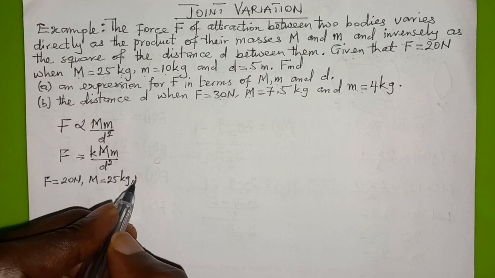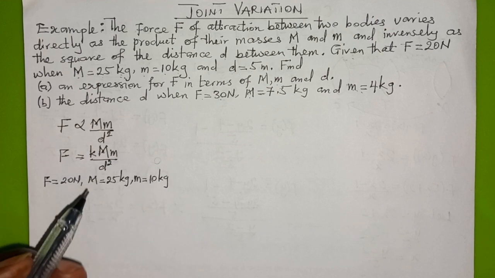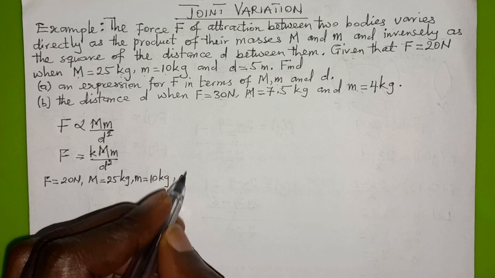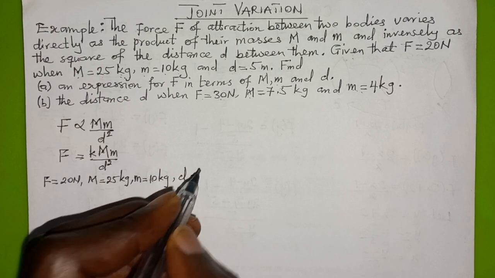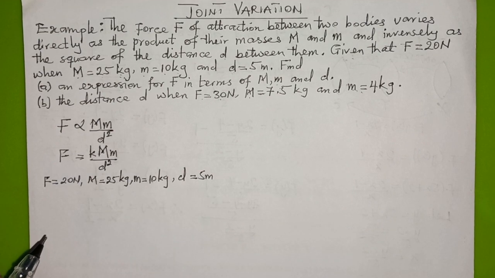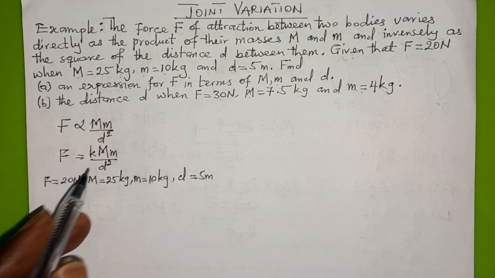Our smaller mass is 10 kg. And our d, which is the distance, is 5 meters.